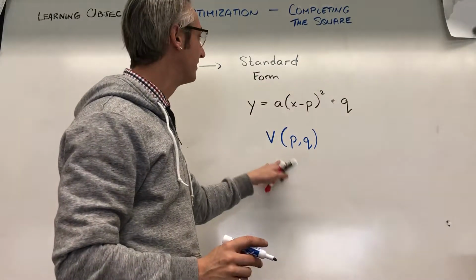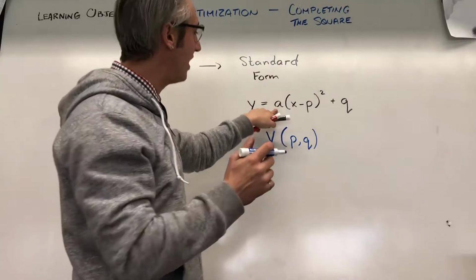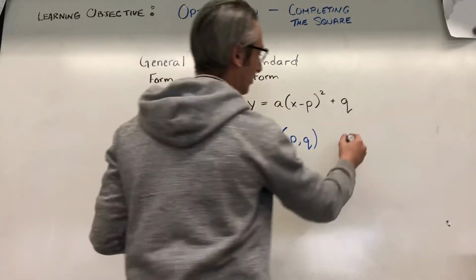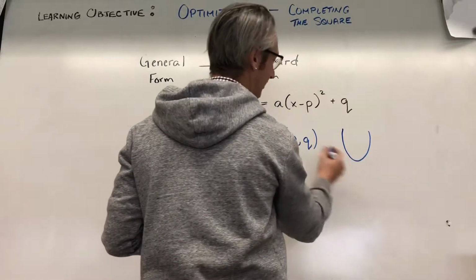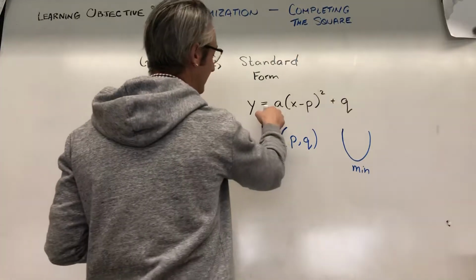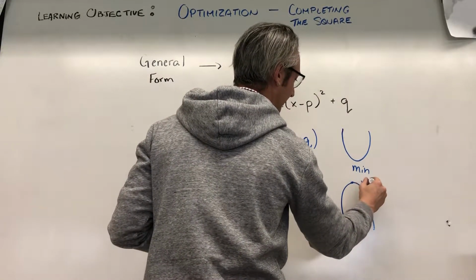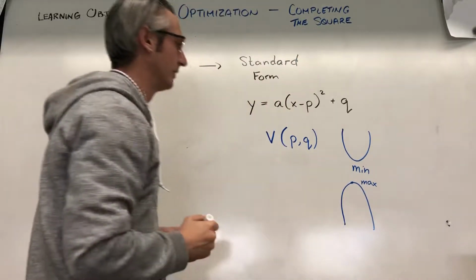It also tells us, with this a, if we're up or down. If a is positive, we open upwards in a shape like this, so our vertex will be a minimum. And if a is negative, we open downwards, so our vertex is a maximum.